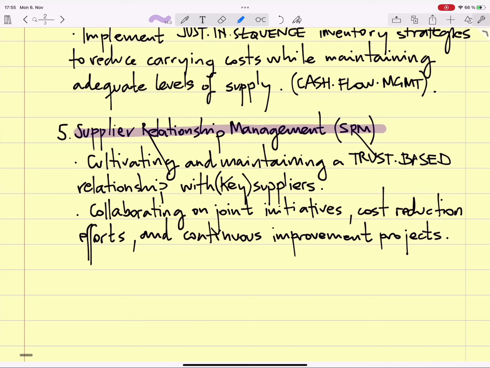So make sure you do what you say you will do. And here you need to collaborate on cost reduction, but also on continuous improvement projects.